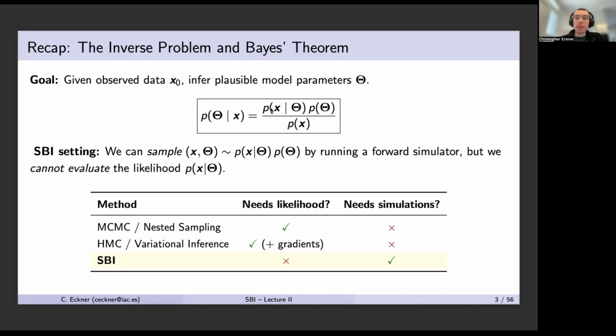Then here in the numerator of your fraction, you have the likelihood. That is, given the parameters of my model, what is the likelihood of seeing a certain observation or sample of reality given the model? Then this quantity here is the so-called prior.